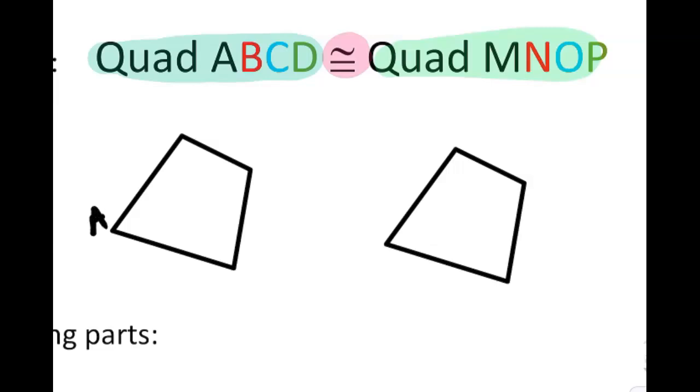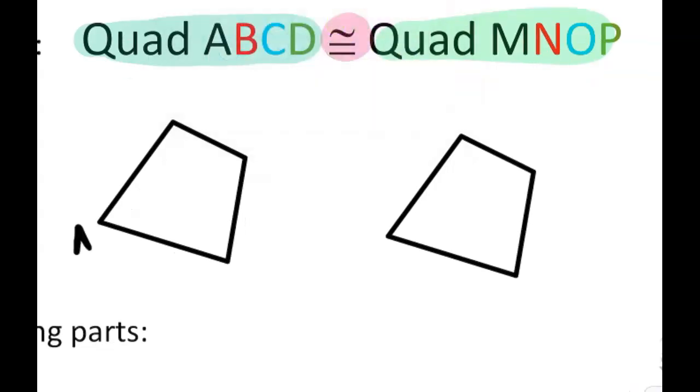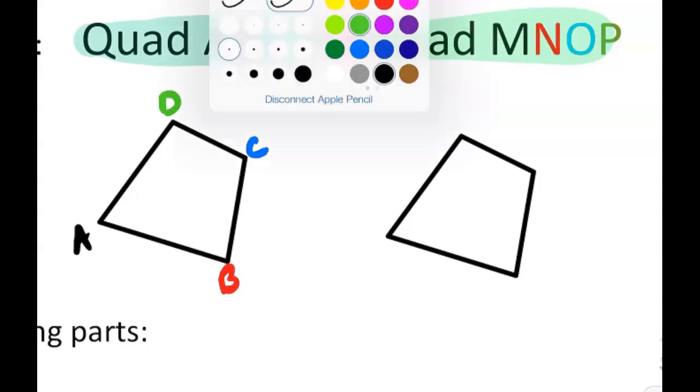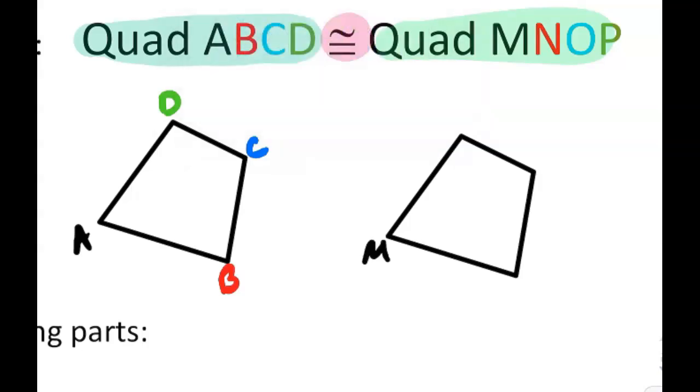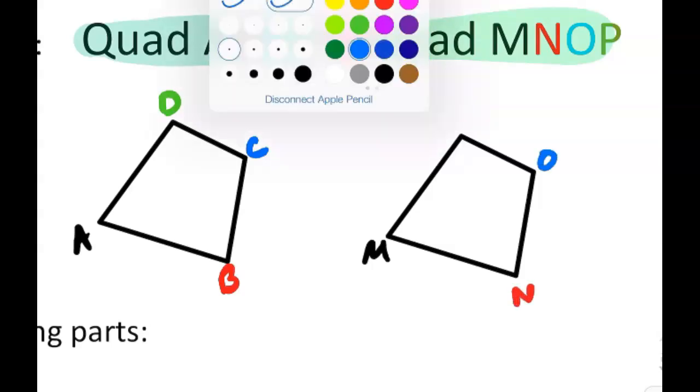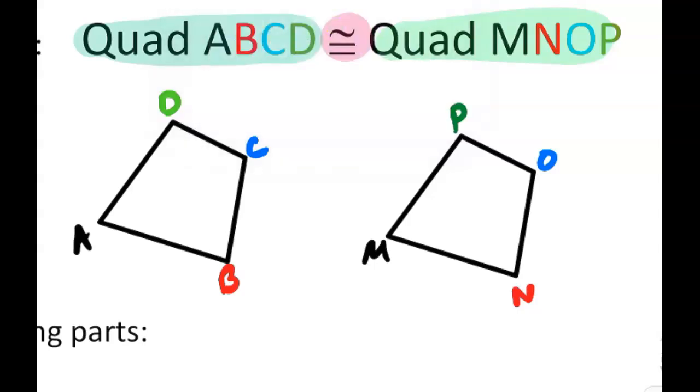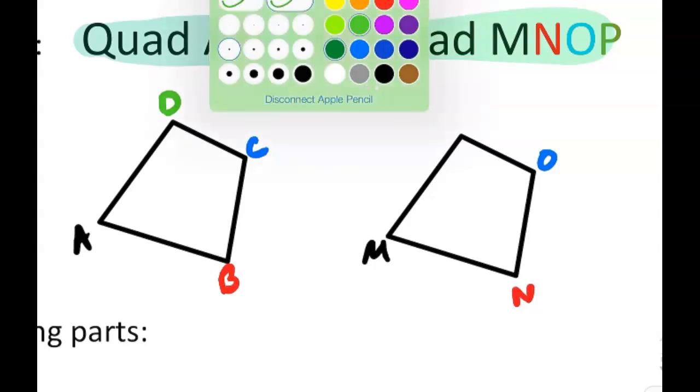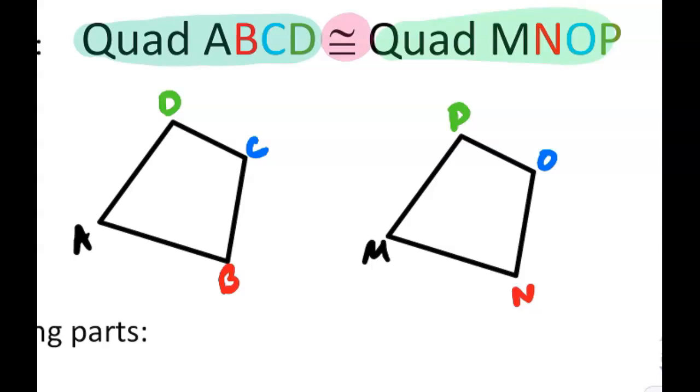I'm going to label this one A, B, C, and D. Notice I did that in the same colors as the letters were up here. And then I'm going to do the same thing here. M, N is red, blue is O, and green is P. Different green. Green is P.